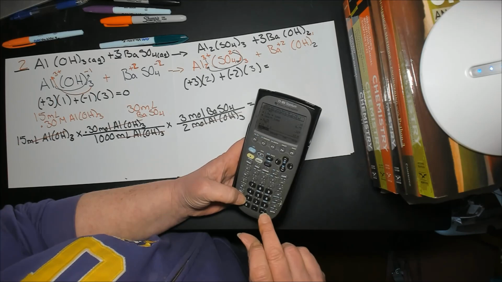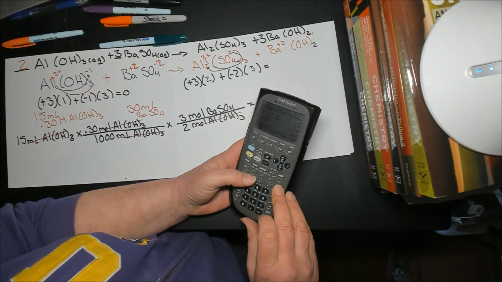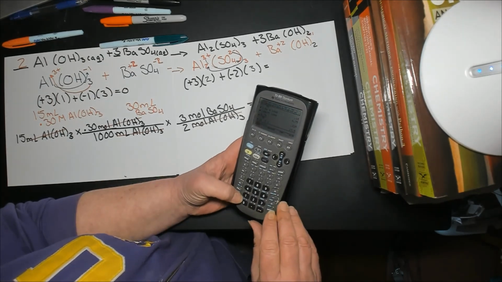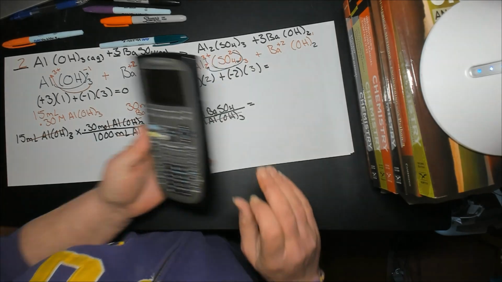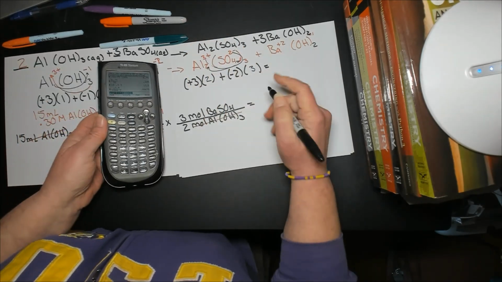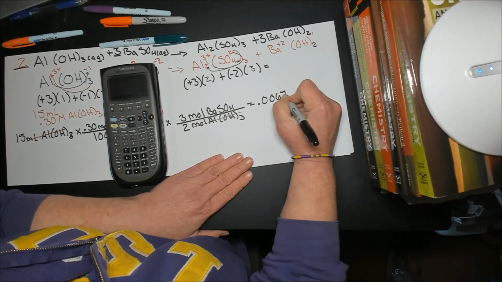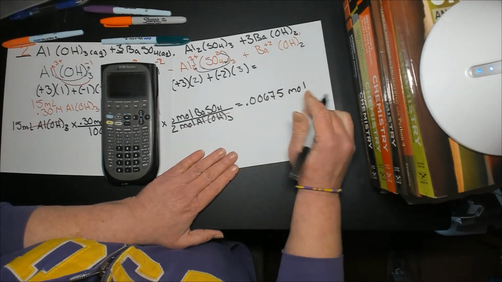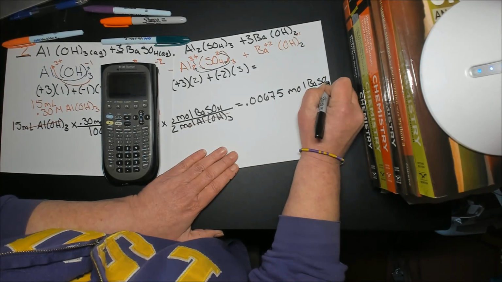And if you're really good with your parentheses, you can put parentheses there and then divide by 1,000 times 2. And I get 0.00675 moles of BaSO4. Cool.